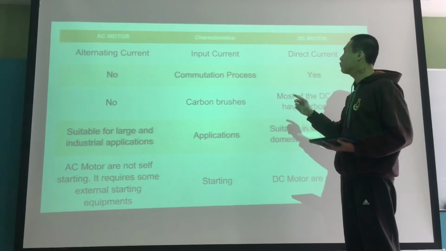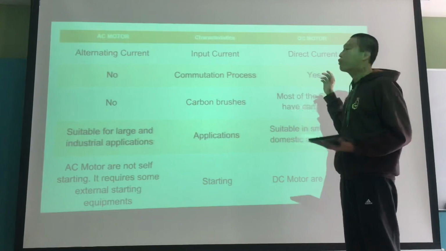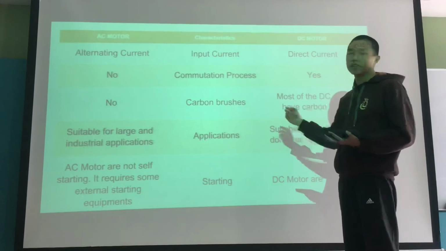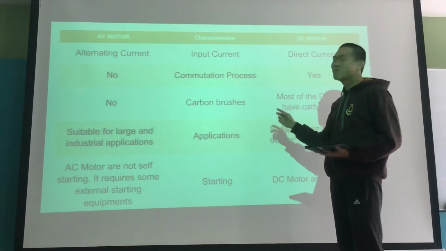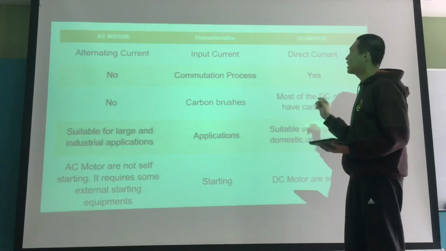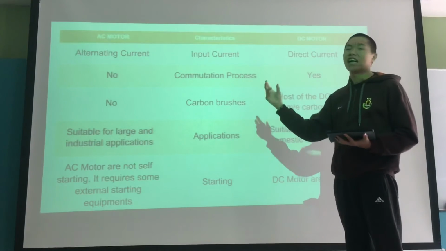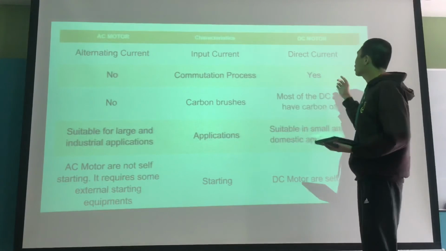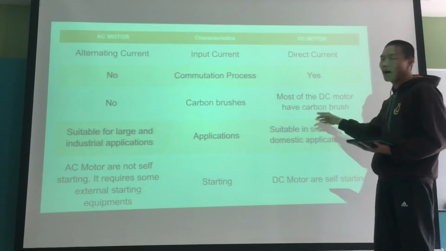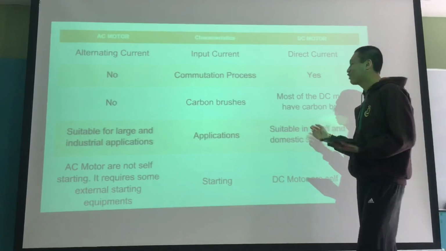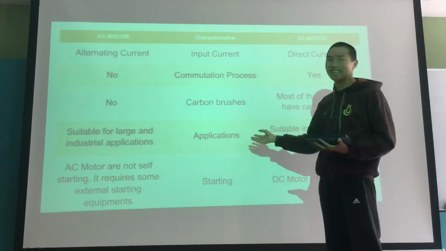For the commutation process, it is present in the DC motor, but absent in the AC motor. Next is carbon brushes. There are no carbon brushes in the AC motor, but most DC motors have carbon brushes. Next is application.